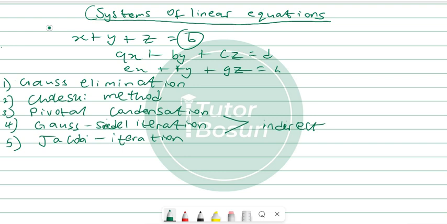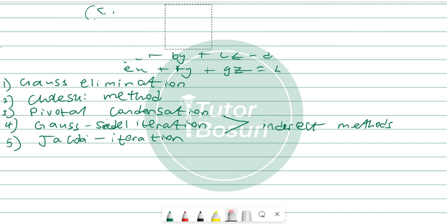The examiner might want you to perform 3 iterations, 4 iterations or 5 iterations and the likes. These two are indirect methods, while the rest are direct methods. So having said this, let's start with the Gauss elimination method. Then we'll discuss the other methods in subsequent lessons.